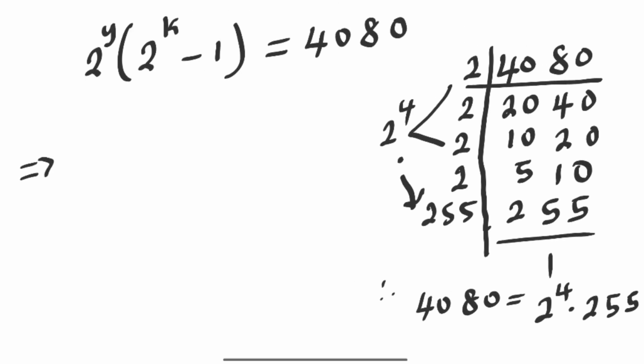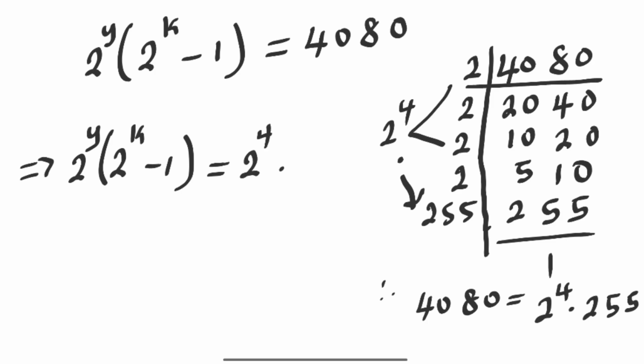This can be written as 2 raised to power y bracket 2 raised to power k minus 1 is equal to 4080, which can be written as 2 raised to power 4 multiplied by 255.